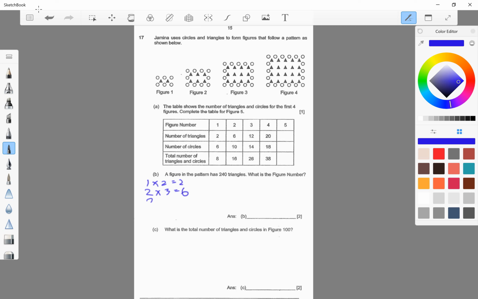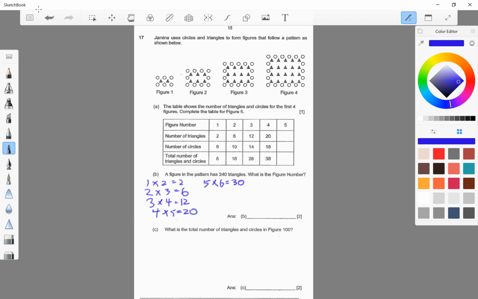For 12, 3 times 4 gets me 12. For 20, in figure 4, 4 multiplied by 5 gives me 20. Last but not least, what can go into the box in my table? For figure 5, it is none other than 5 times 6, which gets me to 30.